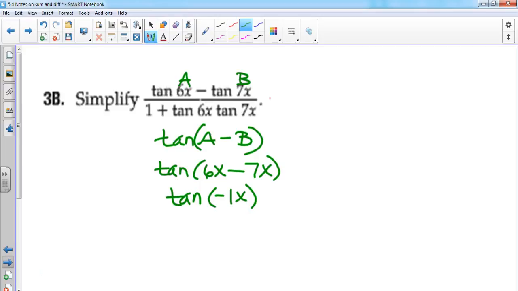Okay, what can you do with a negative on a tangent question? Does it go out front or drop away? The rules are on your gray sheet. It is an odd function, so it goes out front. So that garbage simplified to that garbage.